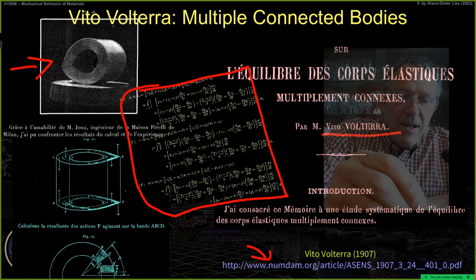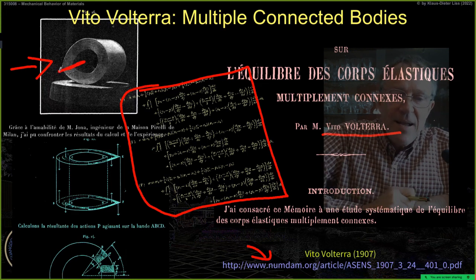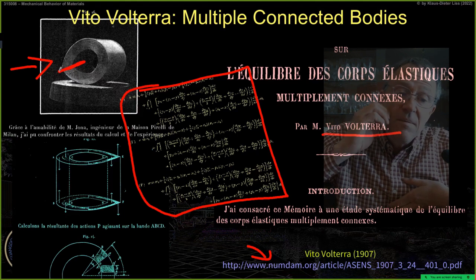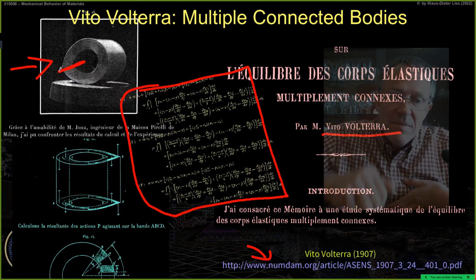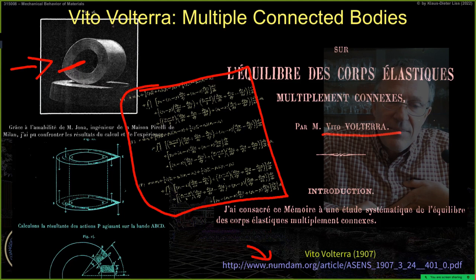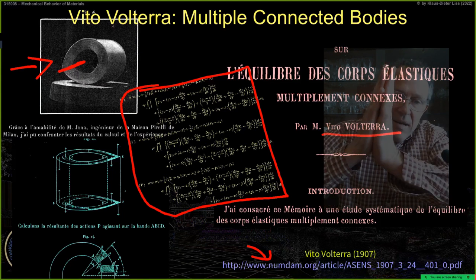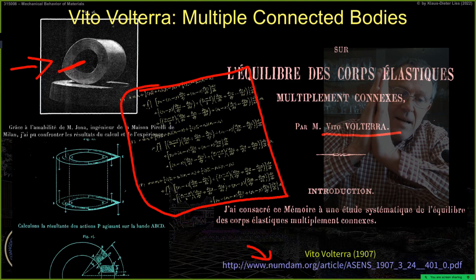Here, for example, they cut along the surface, and they made the cut a little oblique. So they removed some material, cut some material away, and then they put it together under an angle and glue it together, and then look at the deformation of the body.